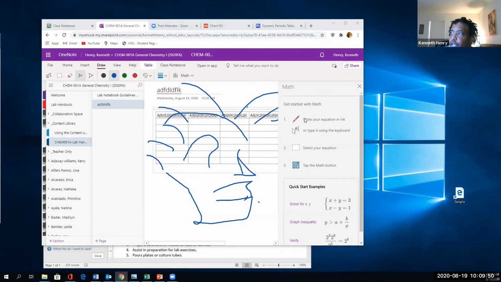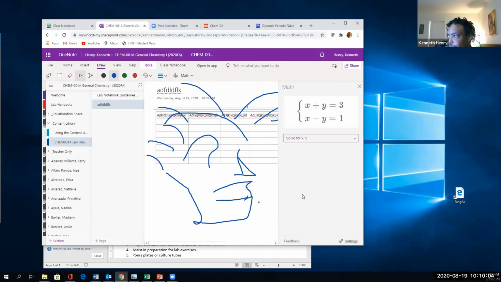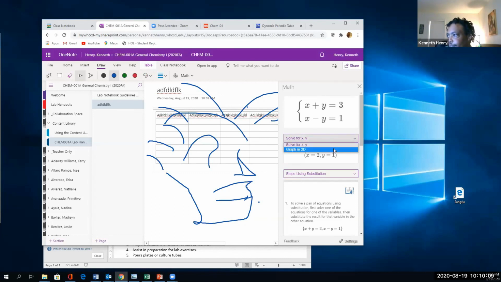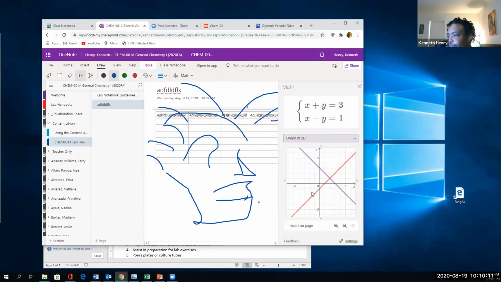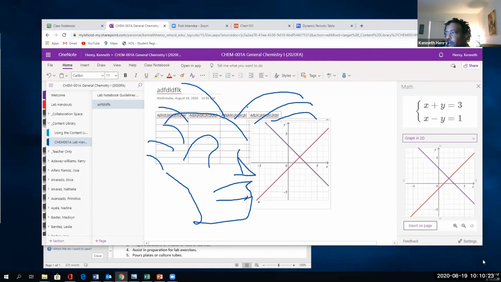It'll pop up, it'll tell you how to go about it. And again, because I have so many things open, it's going to take it a while.